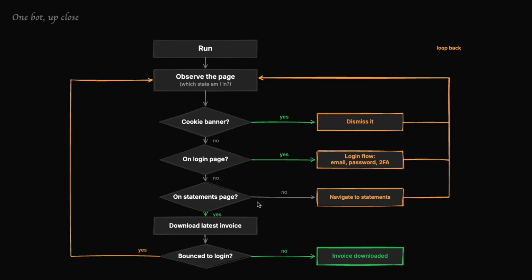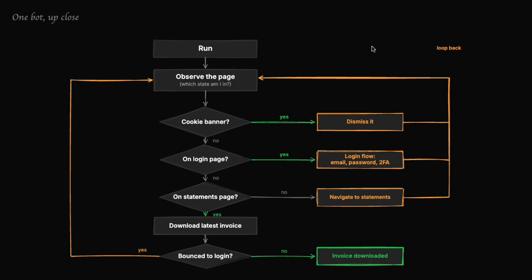If it's on the statement page, find the invoice. Then observe again. If you don't pay close attention, you might think this is just standard programming procedure. It is absolutely not. This extended state machine approach will prevent a lot of stupid browser bot behavior. It's much more resilient for browser automation than typical if-then flows.